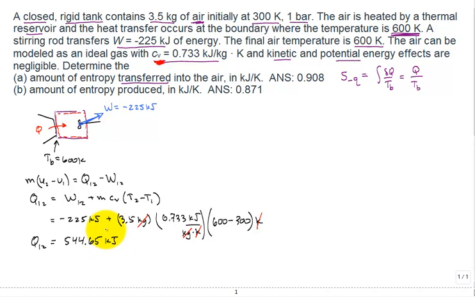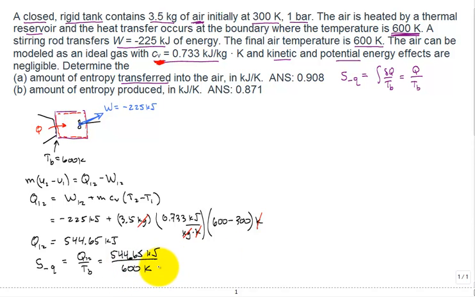All right, now we come up here and ask, what is the entropy transfer with that heat transfer? Well, it's equal to Q_1-2 divided by T_B. So 544.65 kilojoules divided by our boundary temperature, 600 Kelvin.